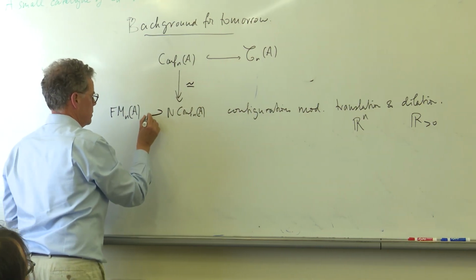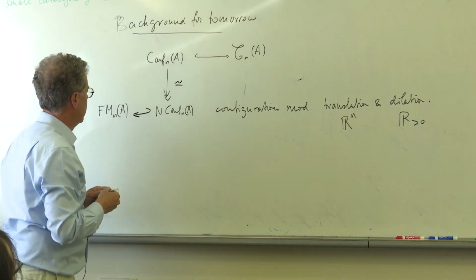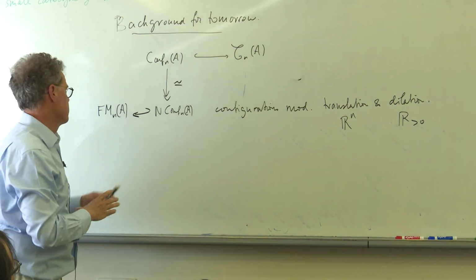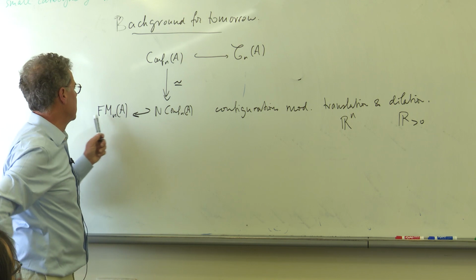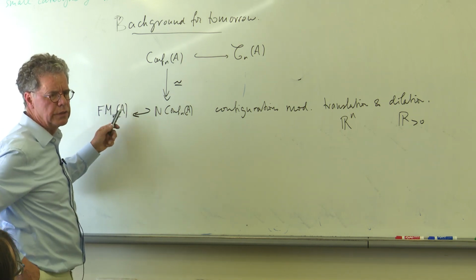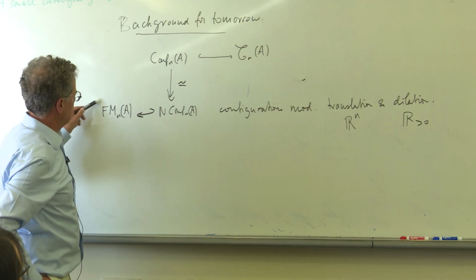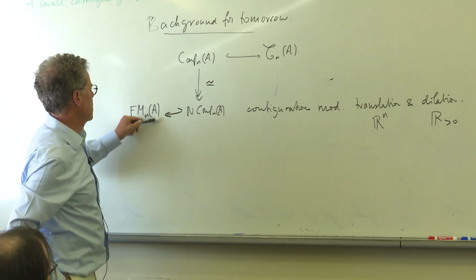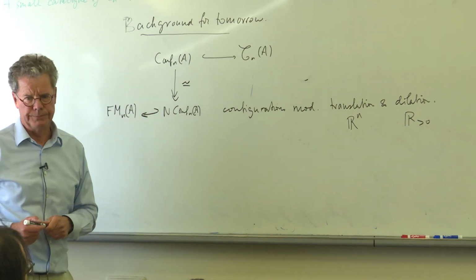And now you can compactify this in a certain way. For example, there's a well-known paper by Kontsevich and Soibelman where they give nice formulas for how to do this. But what it comes down to is that you allow configurations to collide.